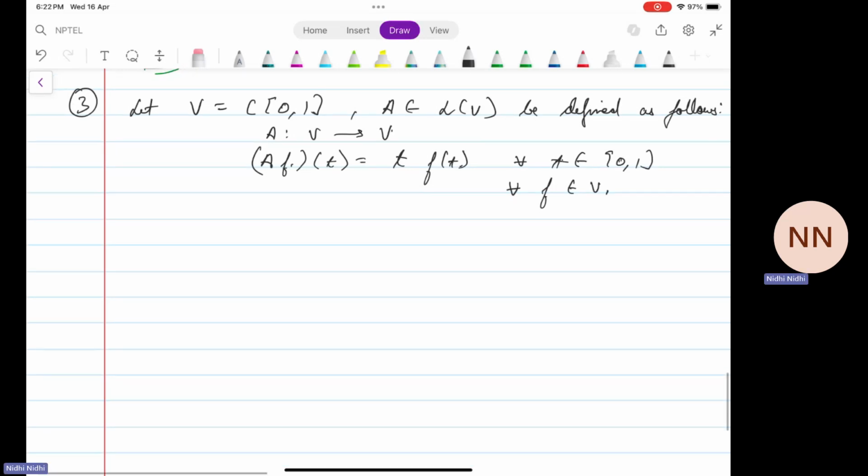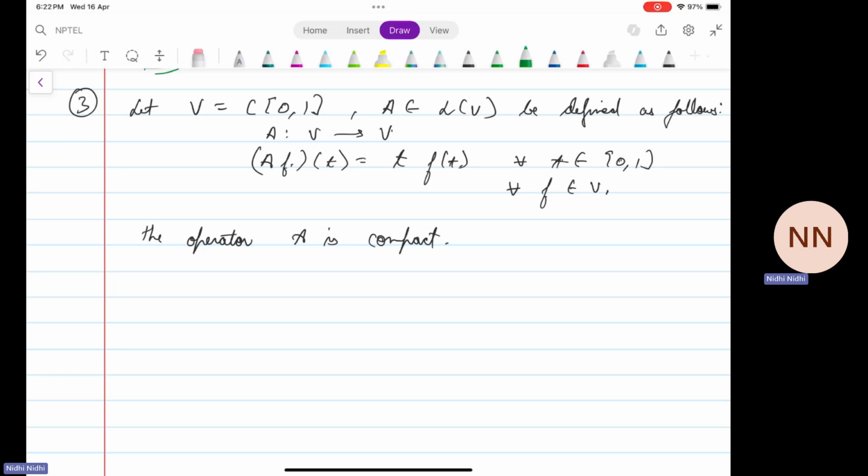Then they are saying that this operator A is compact. We know that a compact operator maps bounded sets to compact sets.